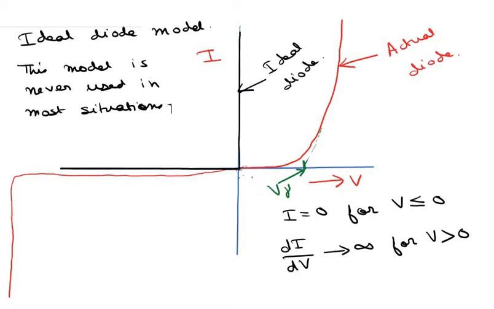Now let us discuss another model, which is known as the piecewise linear model. So here let us again draw the IV characteristics of a real diode.